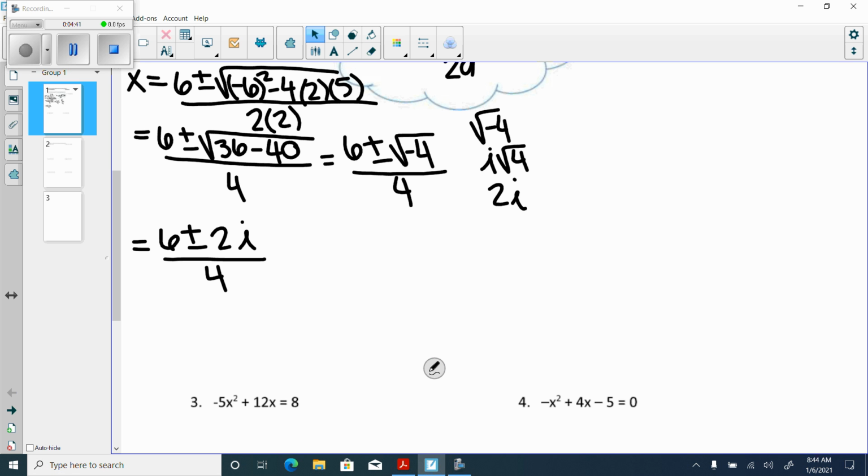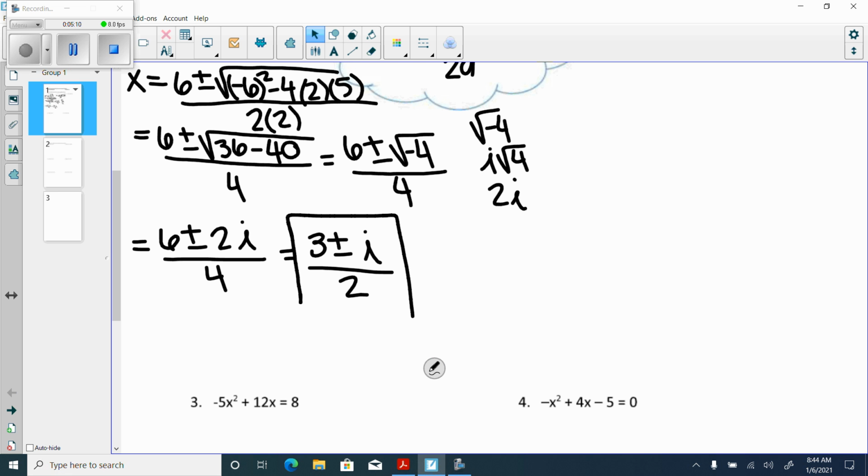Okay, and then the last step is to see if we can simplify our 3 terms here. Can we simplify all 3 of those numbers by something? Right. So 6 divided by 2 is going to leave us with 3, plus or minus. 2 divided by 2 is just 1, so I'll have 1i over 2.